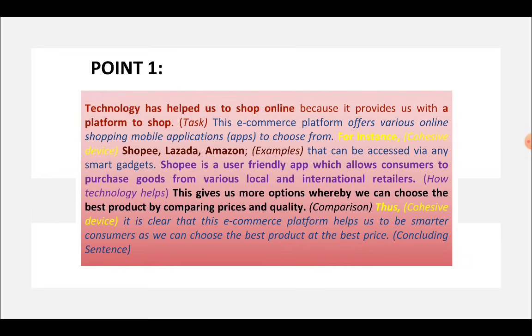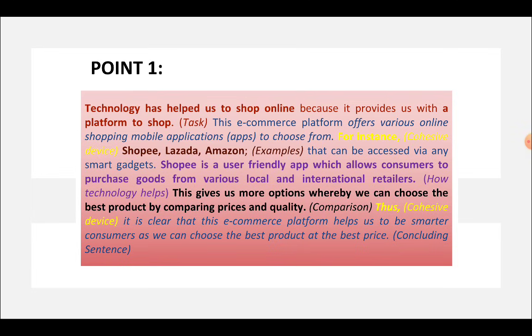For instance, this is the example: Shopee, Lazada, Amazon, that can be accessed via any smart gadgets. So choose one specific example. Shopee is a user-friendly app which allows consumers to purchase goods from various local and international retailers.